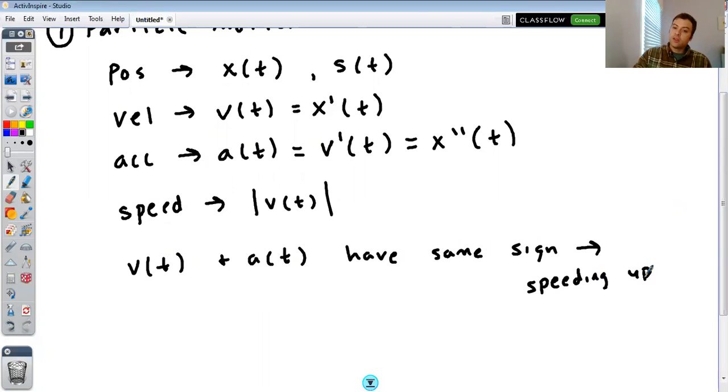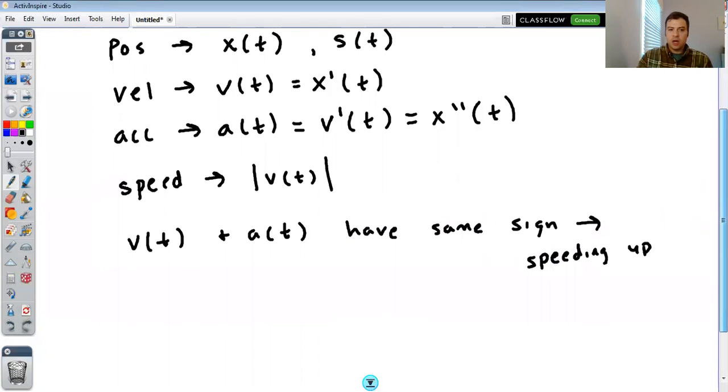They're working together. You drop a ball from a cliff, and the velocity is acting in the downward negative direction, and the acceleration due to gravity is also negative. It's getting faster. Remember, when they are opposite signs, the particle is slowing down.